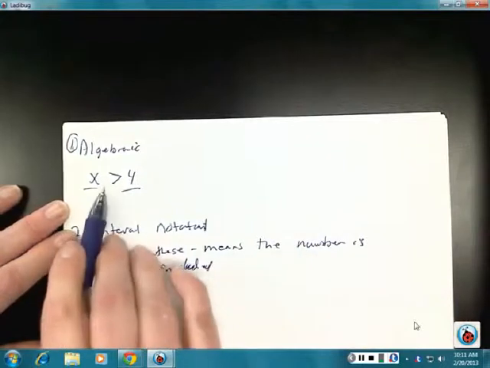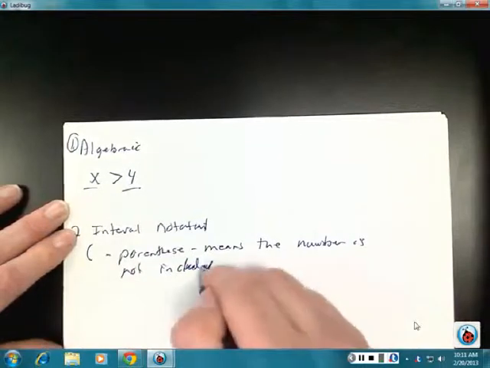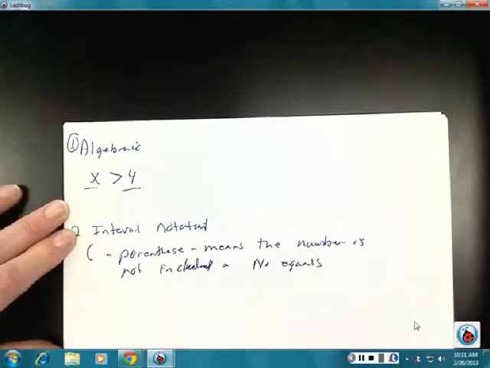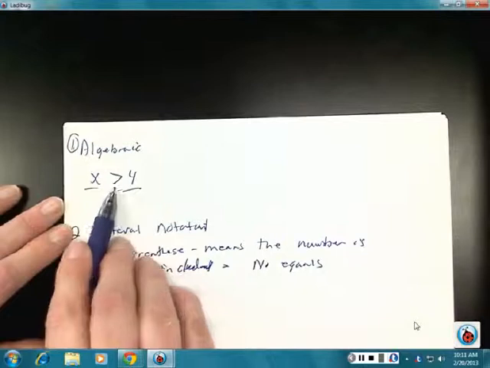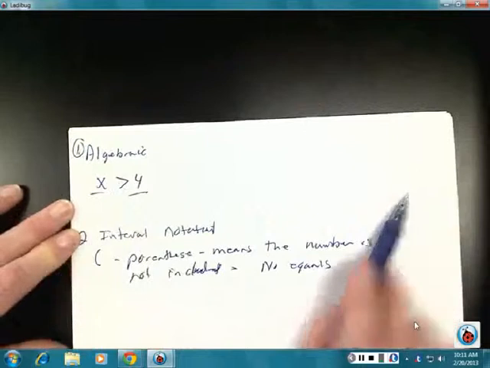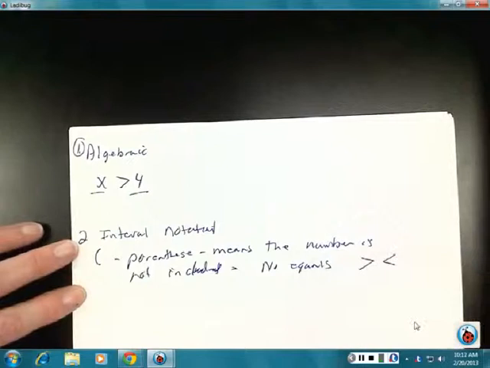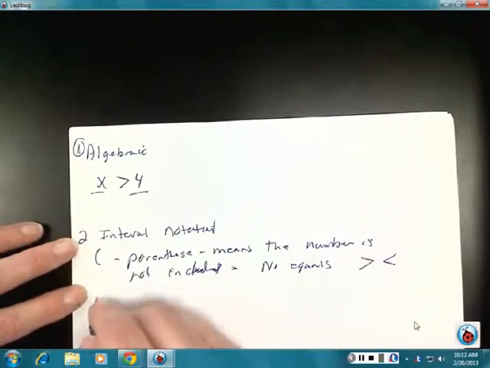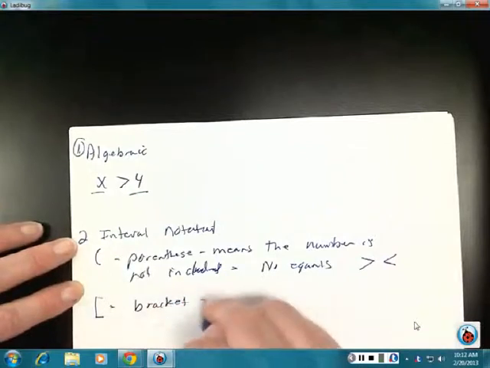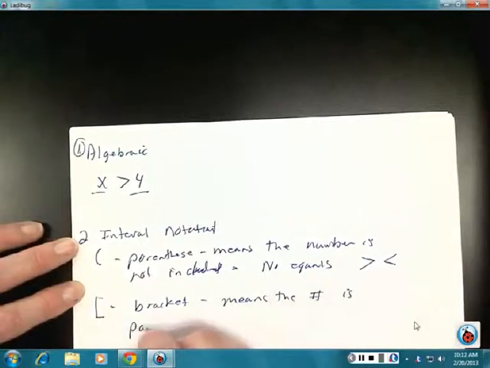Just like this has a greater than or less than in there, because there's no equals, what that means is that I can't include 4. 4 is not going to be part of my answer, because I can't equal 4. It can equal anything but 4, but it cannot equal 4. That would be when you have greater than or less than. If you have a thing that's included, you use a bracket, which means the number is part of the answer.